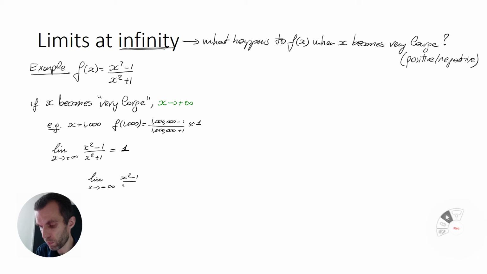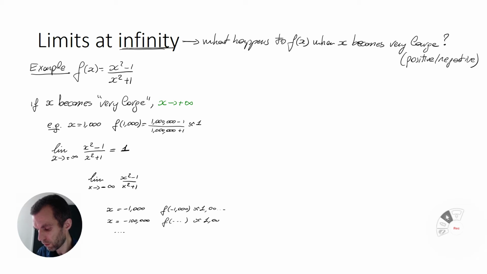So for instance, if you put in x is equal to minus 1000, x is equal to minus 100,000, and so on, you'll get pretty much the same thing. So f of minus 1000 is again going to be very close to 1. Same thing here. And we can conclude again that the limit is 1.